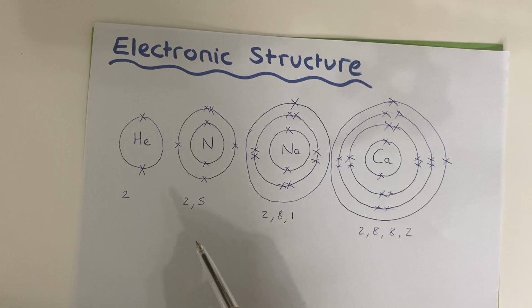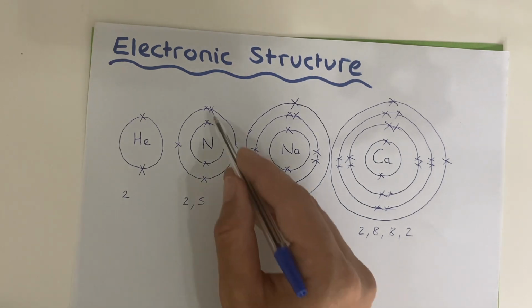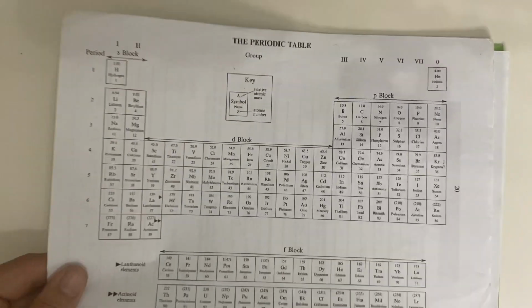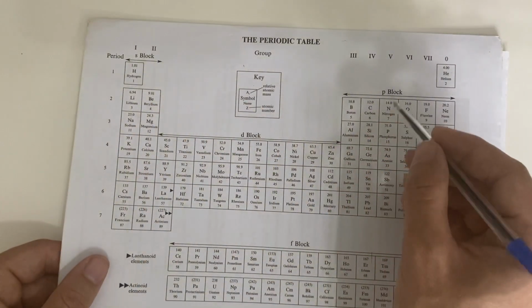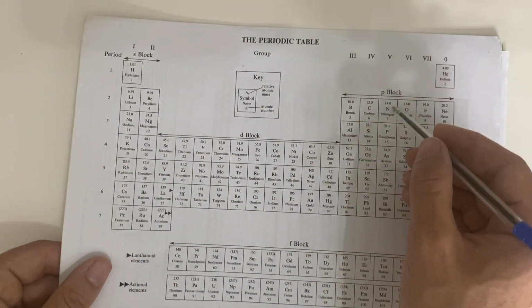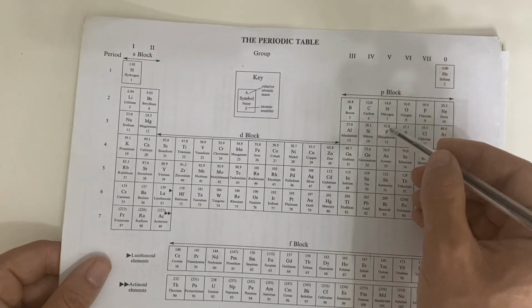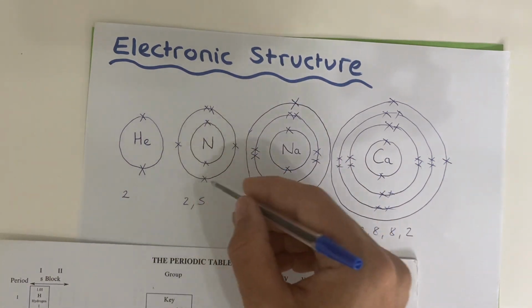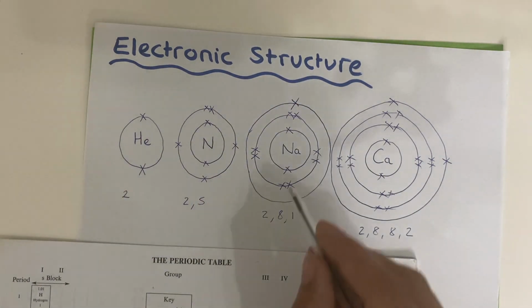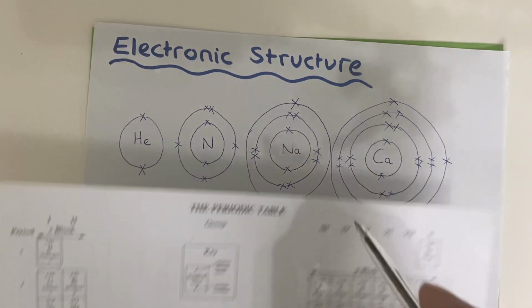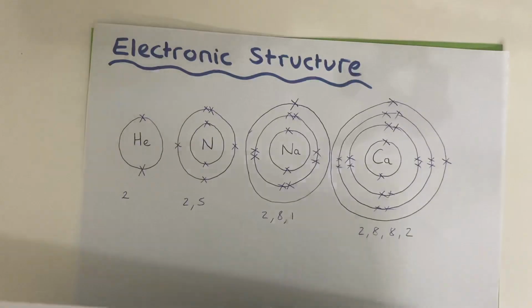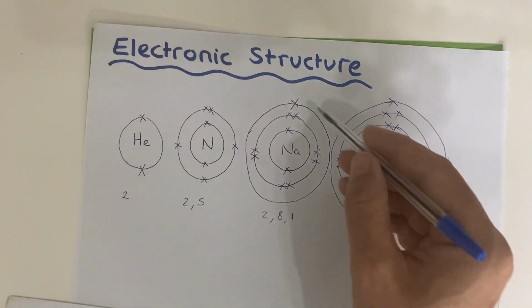If we look at nitrogen, it has 5 electrons in its outer shell. And if we find nitrogen in the periodic table, it is in group 5. So everything in group 5, nitrogen, phosphorus, has got 5 electrons in its outer shell. If we look at sodium, sodium is here in group 1, column 1, and it has 1 electron in its outside shell.